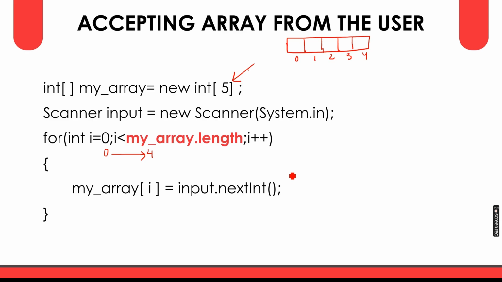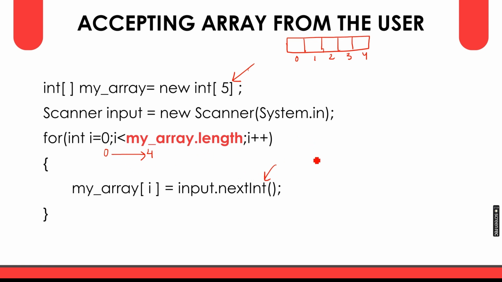Now the loop will work like earlier. We saw that it starts from 0, then the condition is checked, then we go inside the loop, then the iterator is incremented, again the condition is checked, we go inside the loop, and the same thing happens. You understand that? We will just see how the values are given.